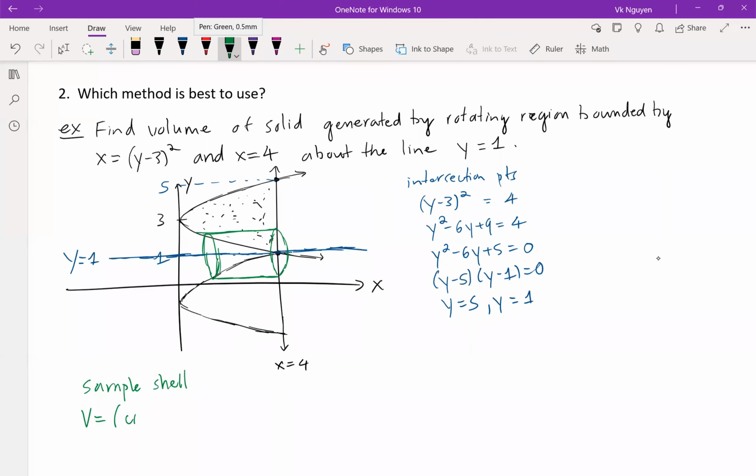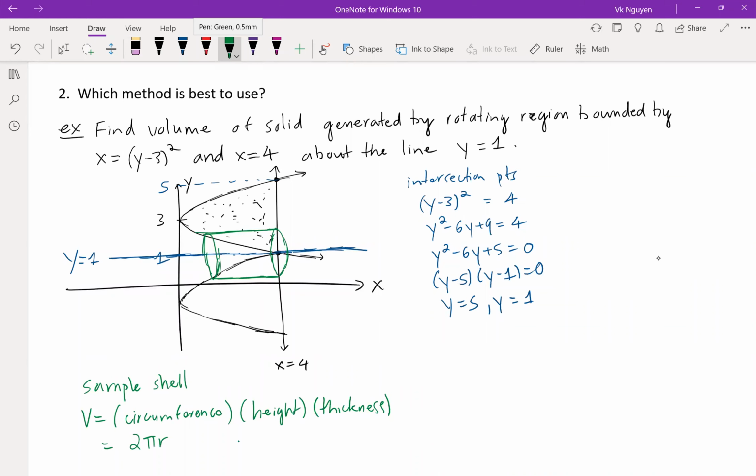Volume is circumference multiplied by height multiplied by thickness. Circumference is 2 pi r.